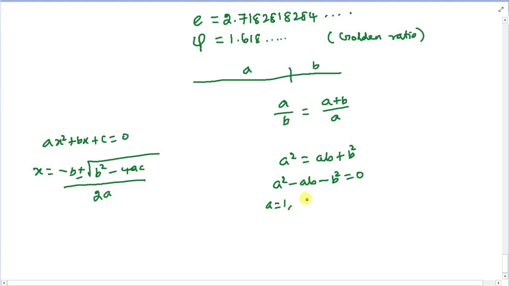So instead of saying a, b, c, I take the coefficients of A square, A and the constant as p, q, r.